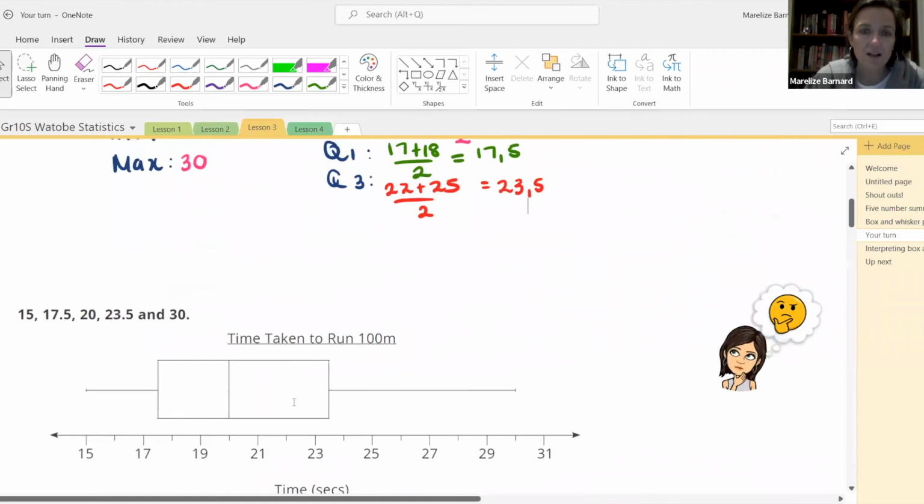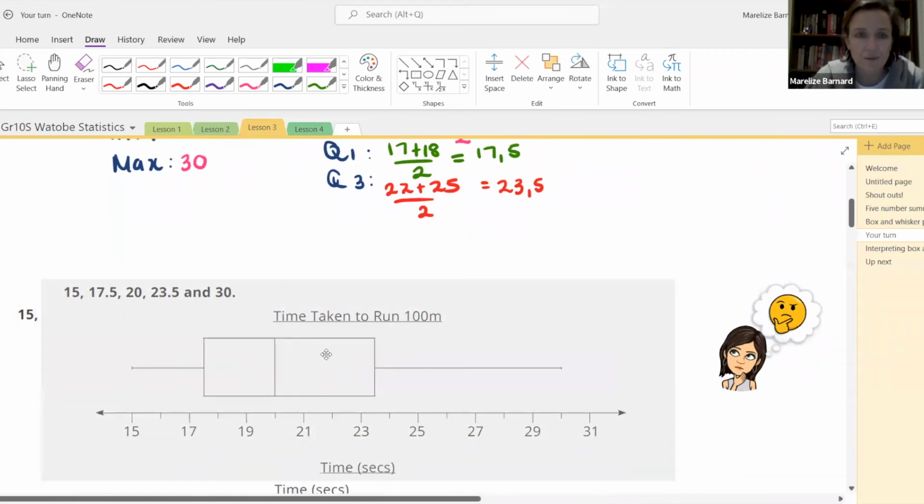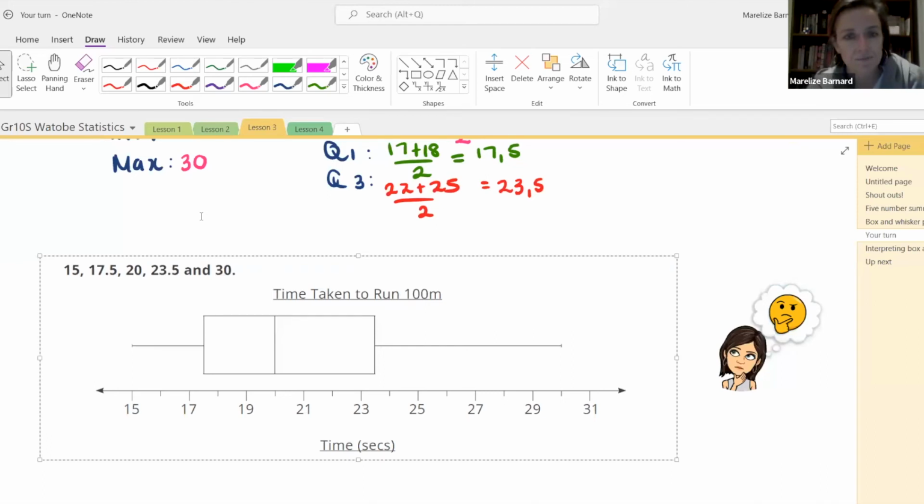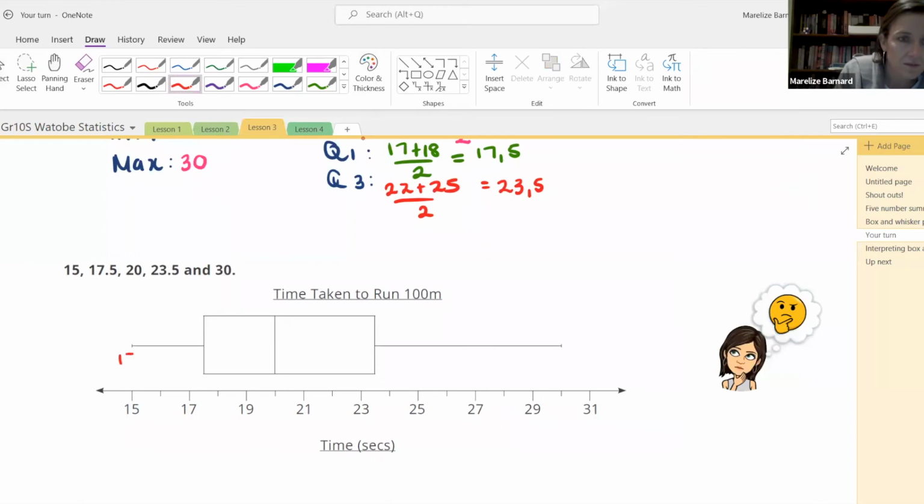Okay. So here's our box and whisker plot. Put a thumbs up in the chat if that's what you got. Thumbs up if you got it right. So there's our low value. Here's the 30.